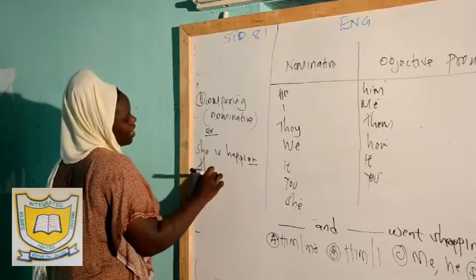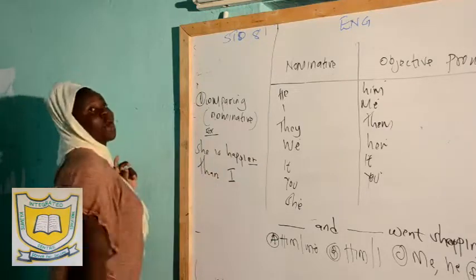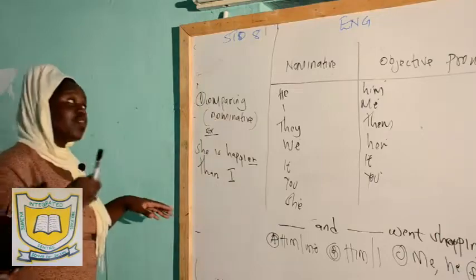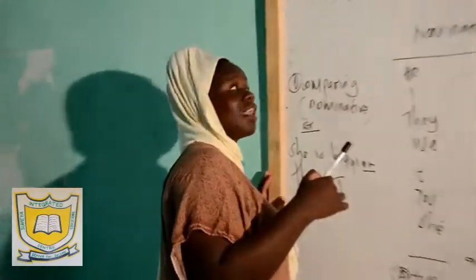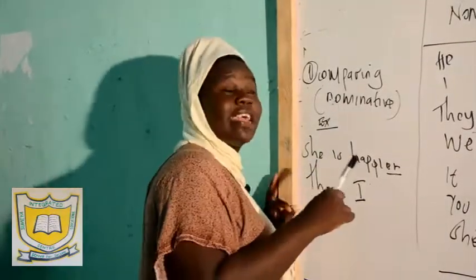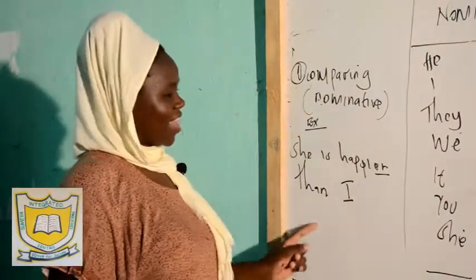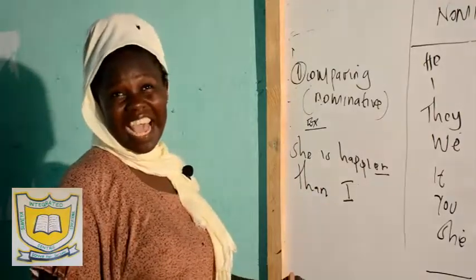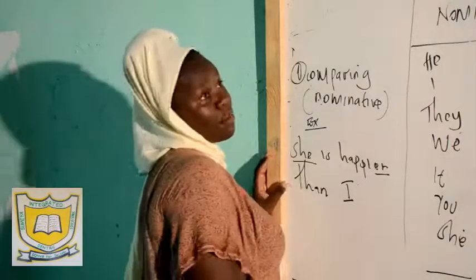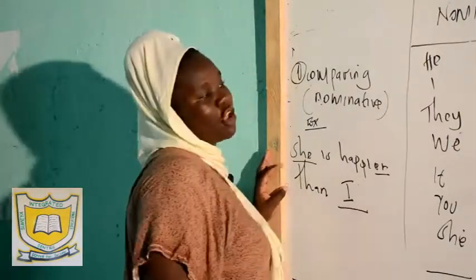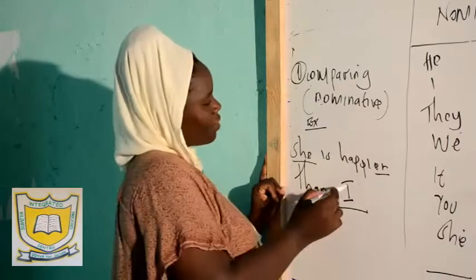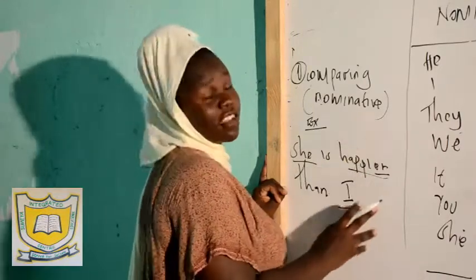She is happier than I. When you are comparing, use nominative what? Nominative pronouns. Because she is happier than I. She is nominative. I is nominative. Are you getting that? So when you are comparing, use nominative pronouns.